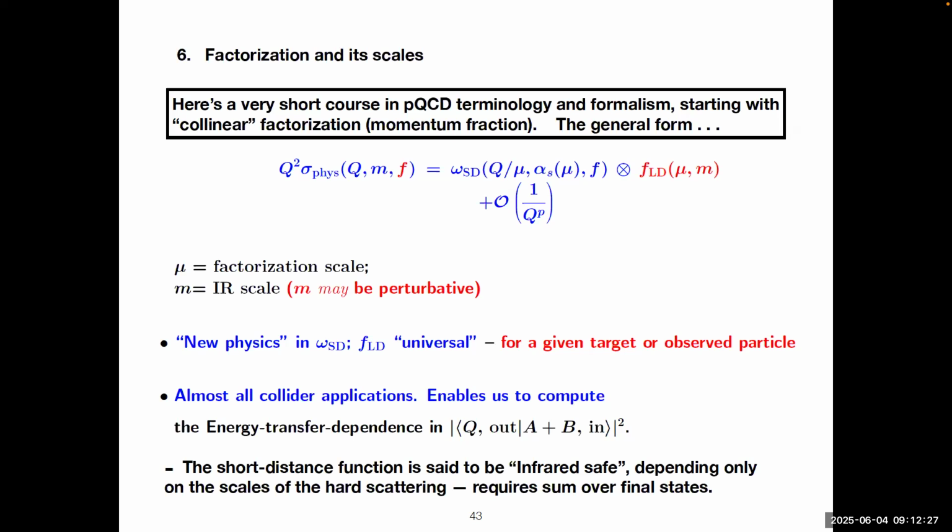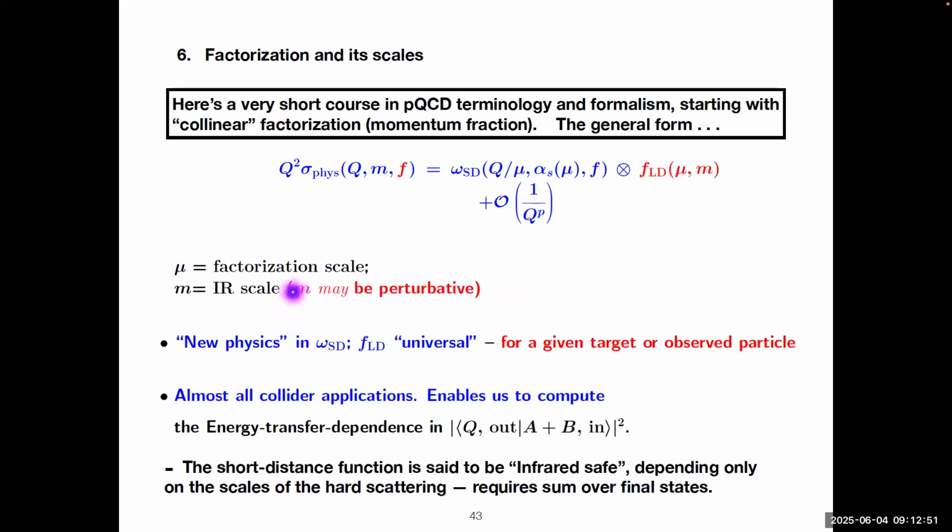In fact, the zero mass of the gluon is included implicitly in this F, but we're not going to calculate this in perturbation theory. We're going to take it to the lattice, for example, calculate it or measure it. All righty, so here M is what we describe as the infrared scale.